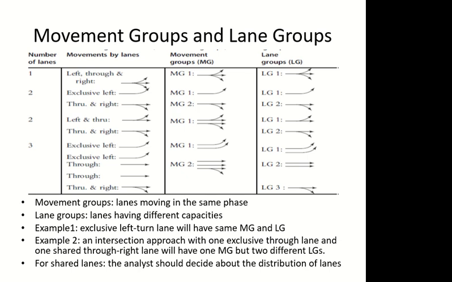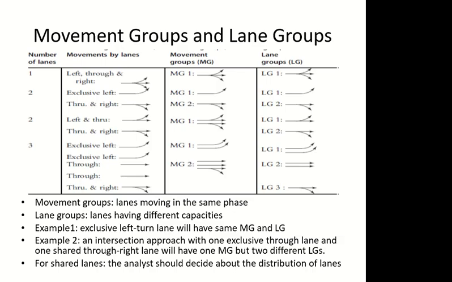The next thing is you should divide this into a number of movement groups and lane groups. So a movement group is any number of lanes which have a common movement.